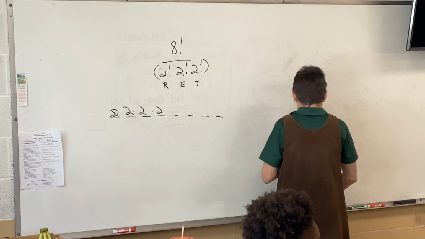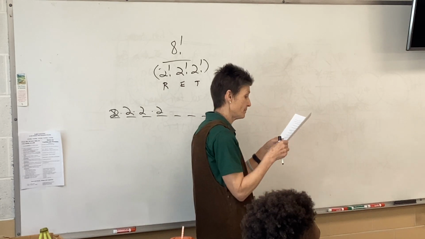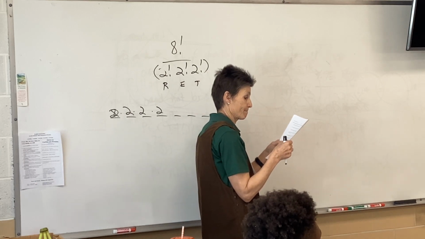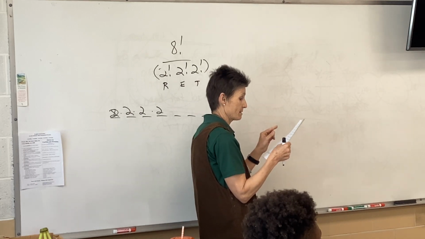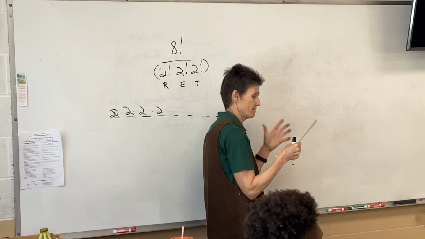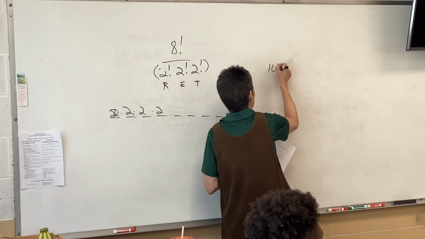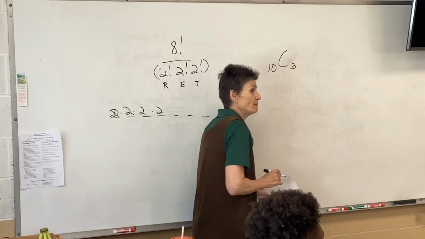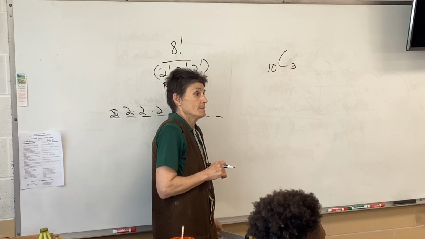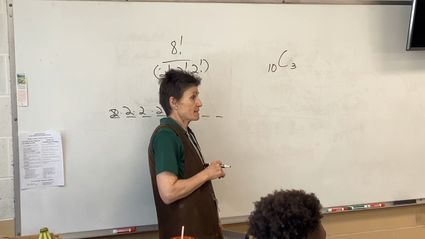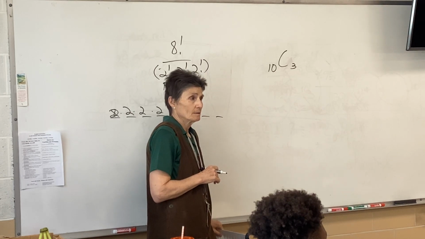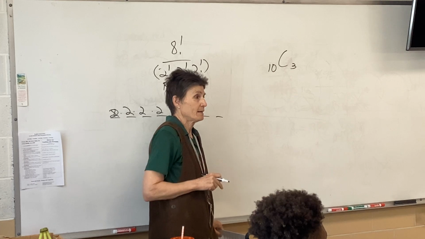So, how many boys are in the club altogether? There's 10 boys in the class, right? So there's 10 boys, and I'm gonna pick 3 of them to be on my committee. Does everybody understand why that's a C and not a P? It does not matter. Order doesn't matter on a committee.